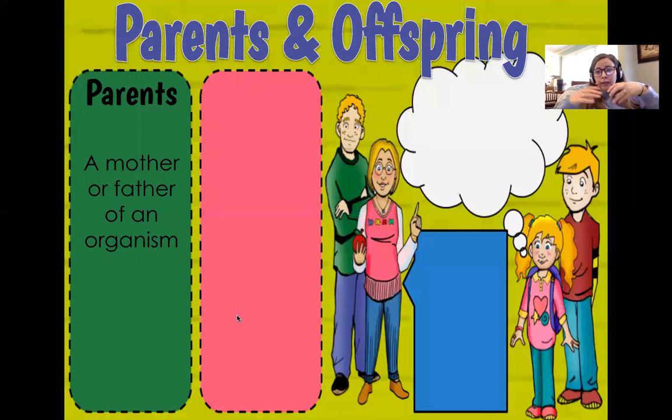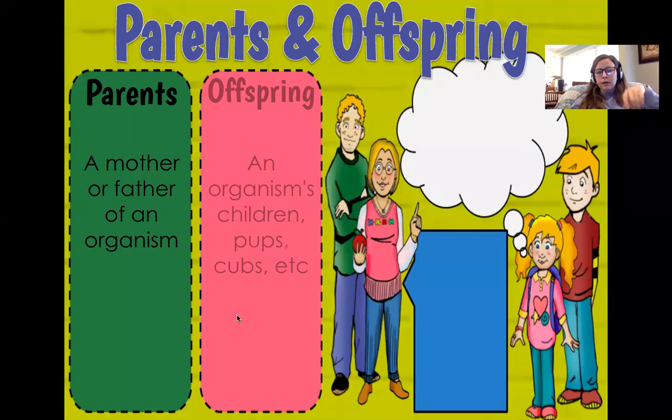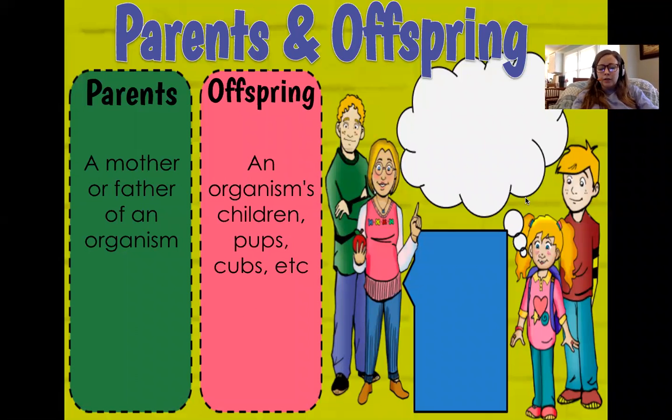It springs off of their DNA. So we call them in science offspring. Offspring are an organism's children, pups, cubs, etc. They spring off of the DNA from the parents.